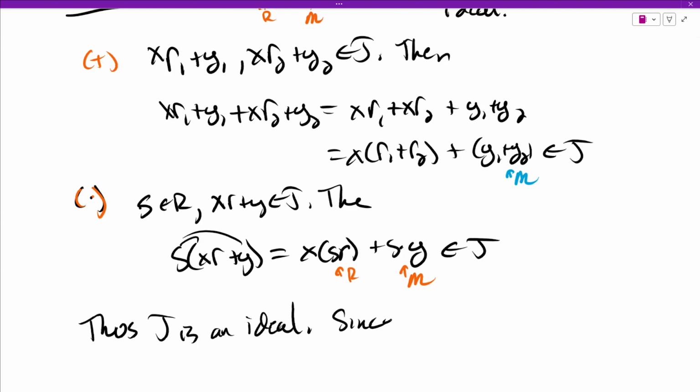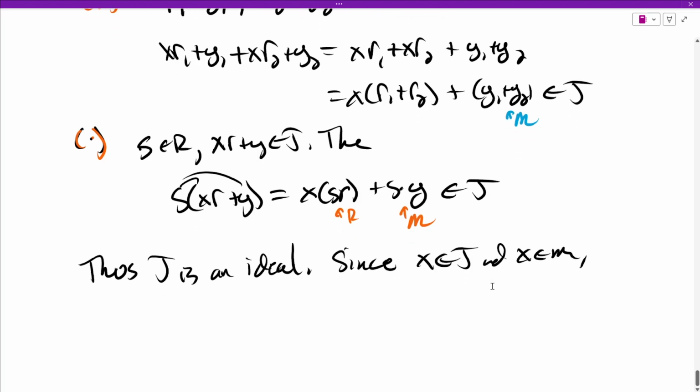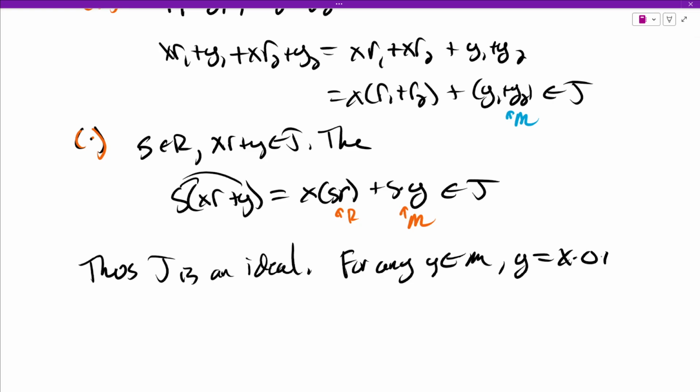Since X is in J and X is not in M, well, let me say one more thing before that. Let's notice that for any y in M, we can write y as X times 0 plus y.